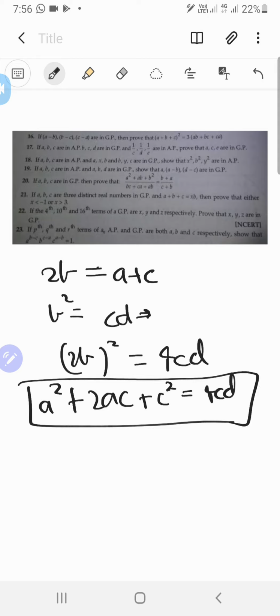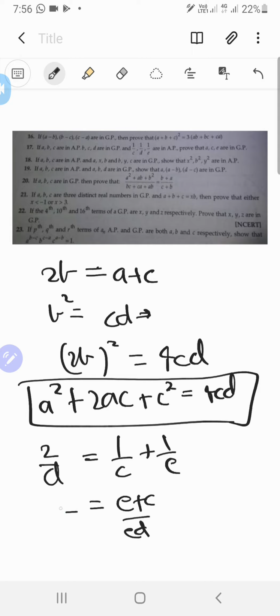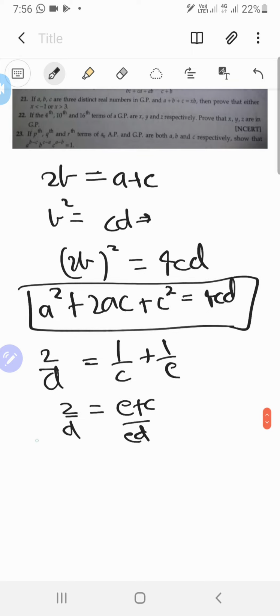And then you have this thing, 2 by d is equals to 1 by c plus 1 by e. Let's see what we get. We get e plus c upon ec equals to 2 by d, which means that 2ec equals to ed plus cd. Okay, so we know the value of cd, right? Yeah, from this equation.